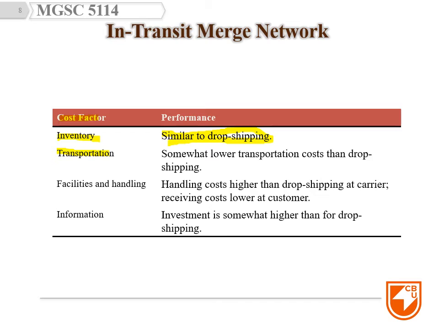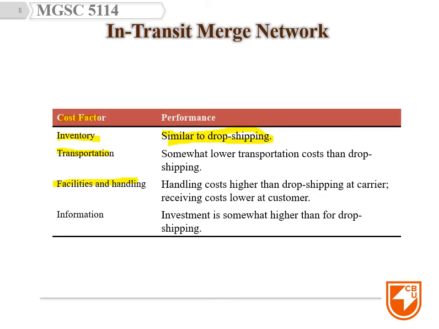Transportation cost is somewhat lower because we are trying to aggregate the demand and we are not sending several direct shipments from the manufacturer's place to the customer's place. So we are going to save a little bit of money in terms of transportation. In terms of facility and handling, because we are establishing a new center in the middle, the in-transit merge, we are going to have a little bit higher handling costs.